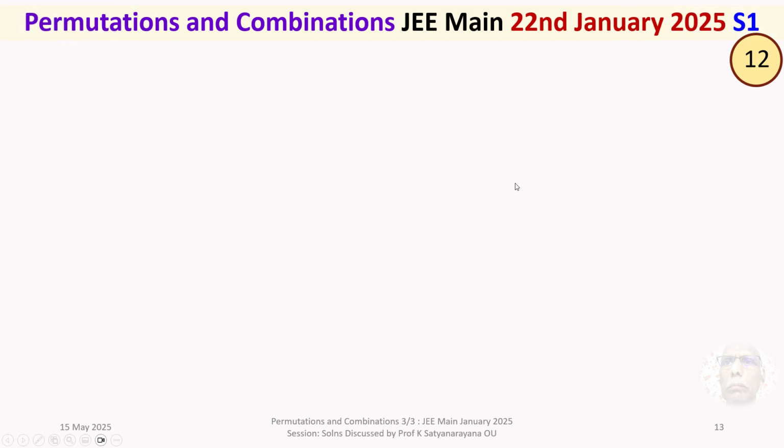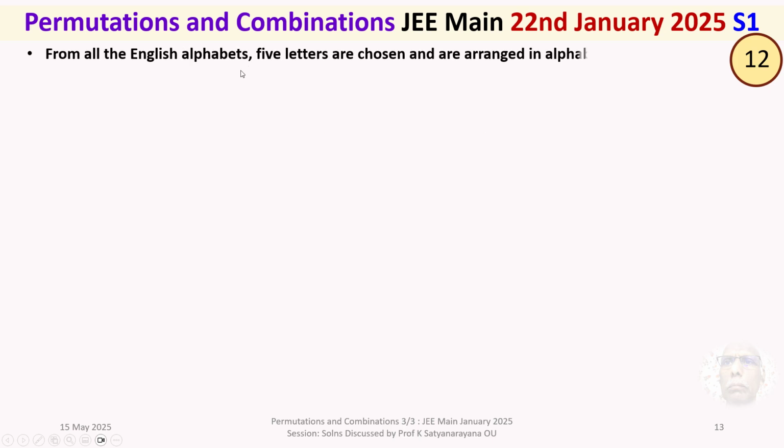Right. This question has appeared in the JEE Main exam held on 22nd January 2025 in the first shift. From all the English alphabets, that is from A, B, C, D up to Z, 5 letters are chosen and are arranged in alphabetical order. 5 letters means 5 distinct letters.